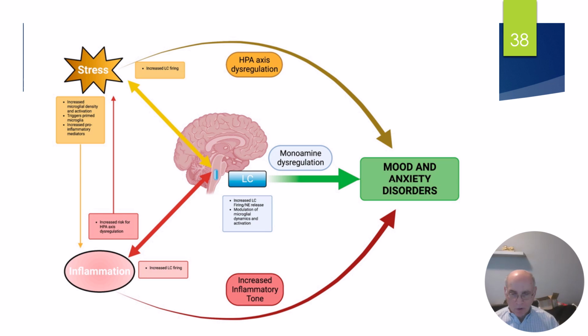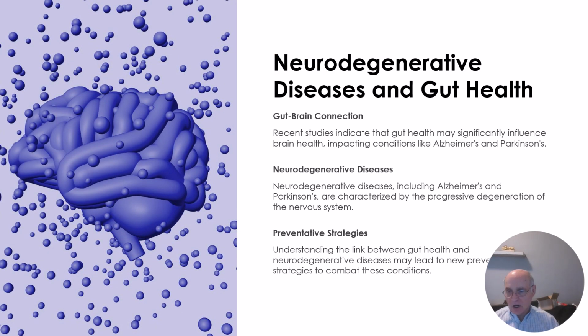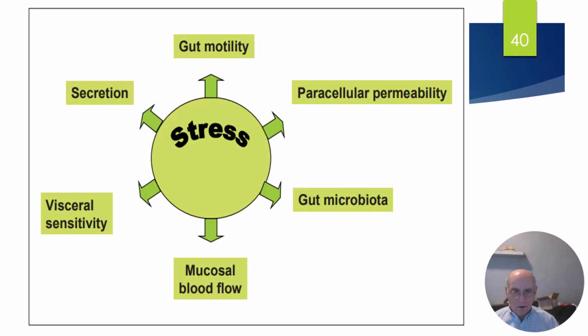The problem is really more inflammatory, and maybe these depositions of various types of proteins, like Lewy bodies and tau proteins, etc., are an attempt of the body to deal with the inflammatory process. So we know that changes in the gut can lead to neurodegenerative disease.